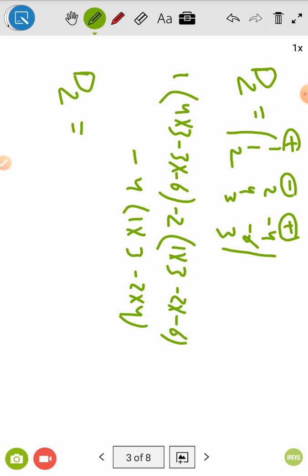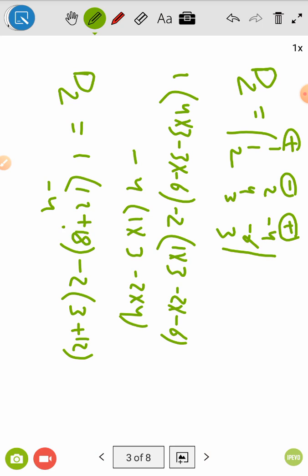Dz equals 1, here 12 plus 18, negative 2, 3 plus 12, negative 4, 3 minus 8. The final answer to Dz equals 20.